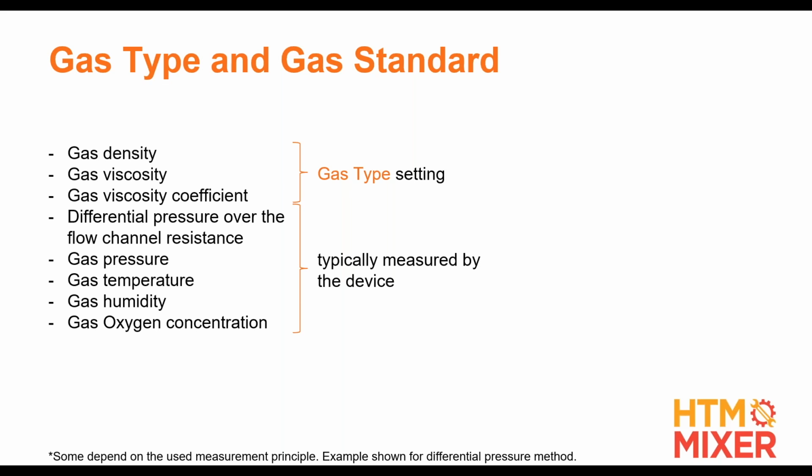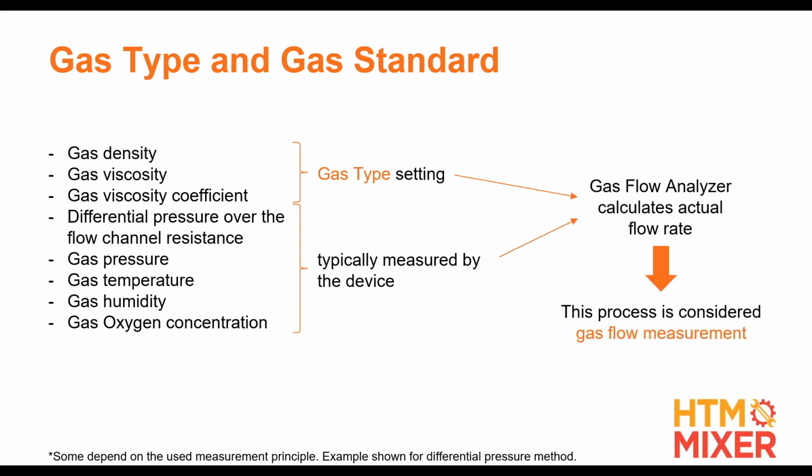And in some cases, you might have an analyzer where your O2 sensor isn't working. You can still use the analyzer, you just have to tell it how much oxygen you're testing or how much air or what combination it is. But the gas flow analyzer takes all these into account and calculates a flow, okay? Not really a volume yet, but a flow. And we call that gas measurement, right?